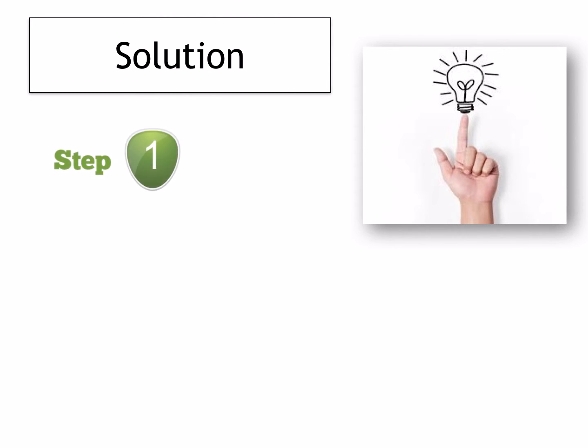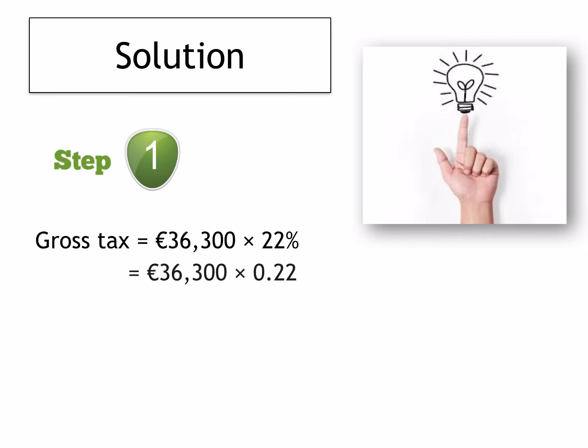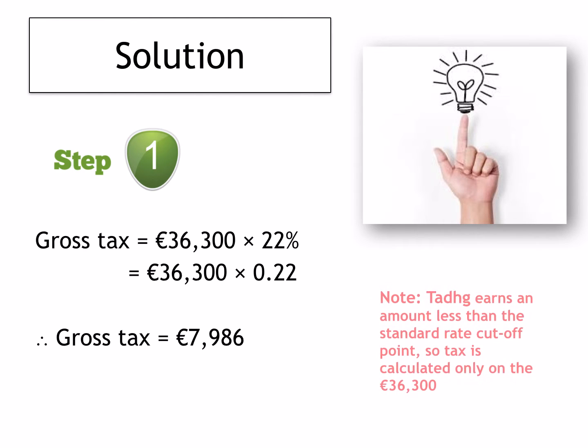We begin by getting 22% of Tig's gross annual income, which gives us a gross tax of €7,986. Note, Tig earns an amount less than the standard rate cut-off point, so tax is calculated only on the €36,300.